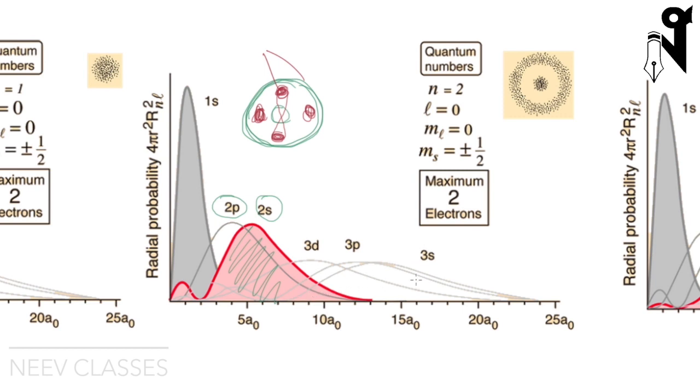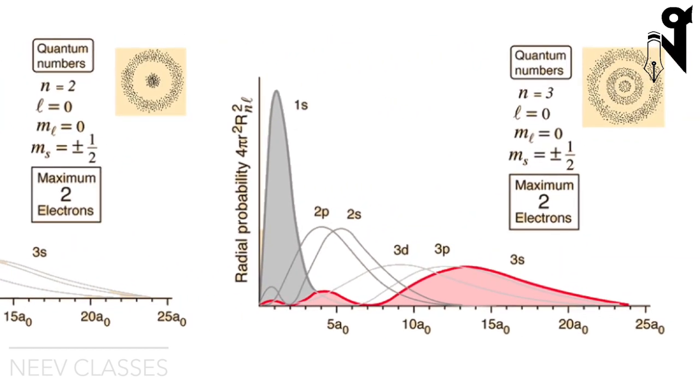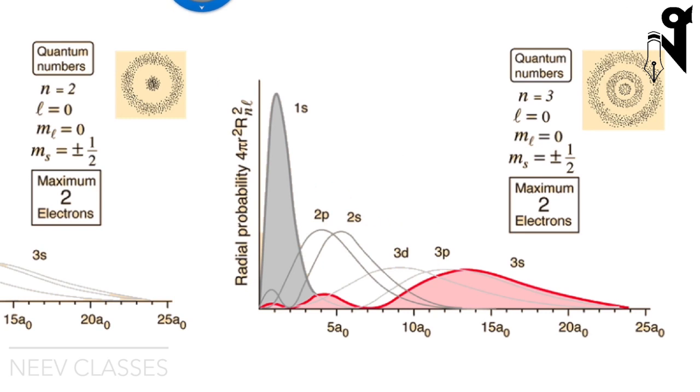Maybe I'll just go on to the 3s one. The 3s most probable radius is this, like it is showing around 13, which is in fact 13 by the way.